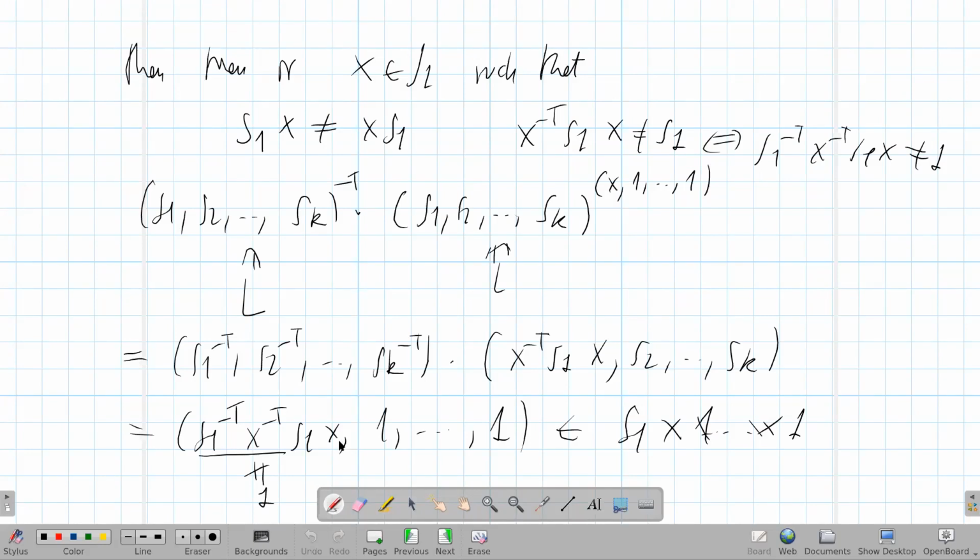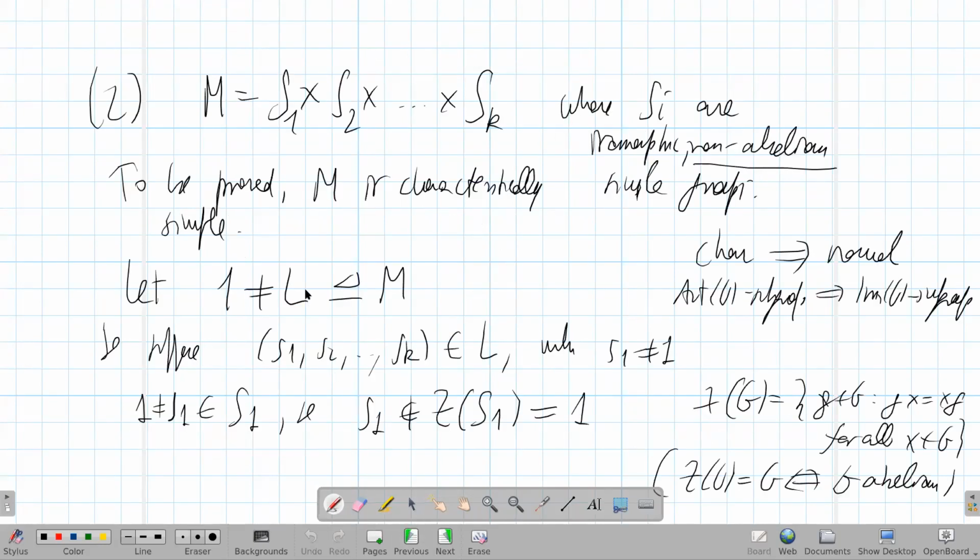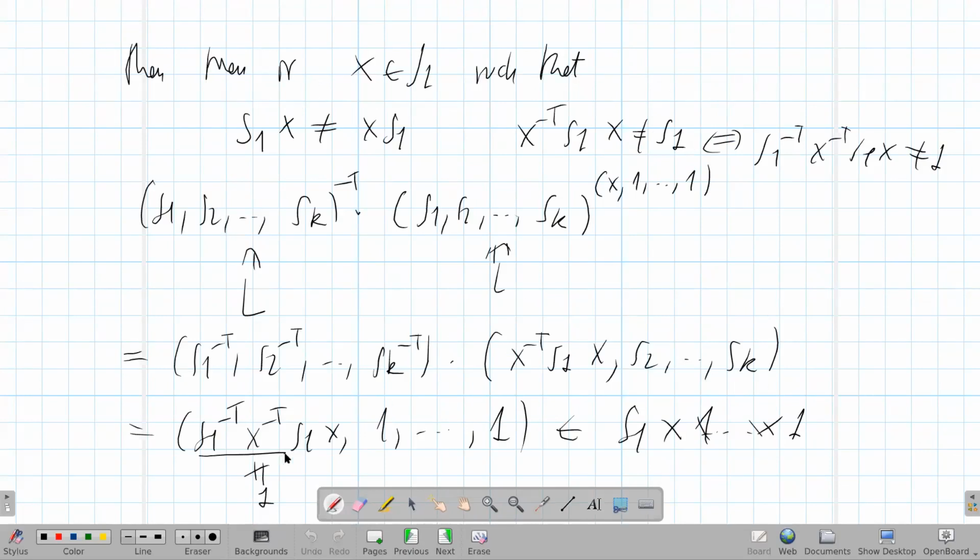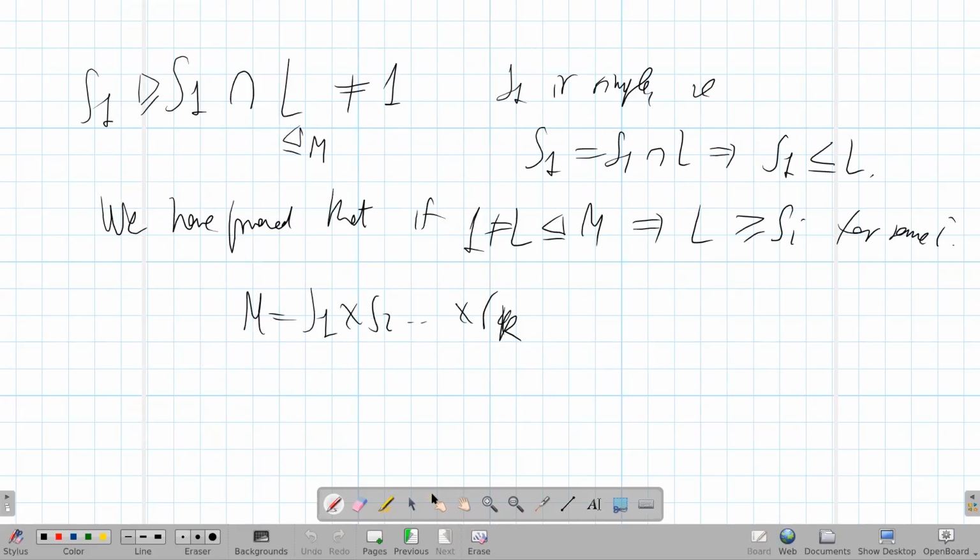in this normal subgroup, which is L, yes, there is an element which has all the components equal to 1 except the first one, which is non-trivial, okay? And since this is normal and S1 is simple, it turns out that S1 is contained in L. So what we have proved is, if there is a normal subgroup L of M which is different from 1, then L contains one of the Si, okay?